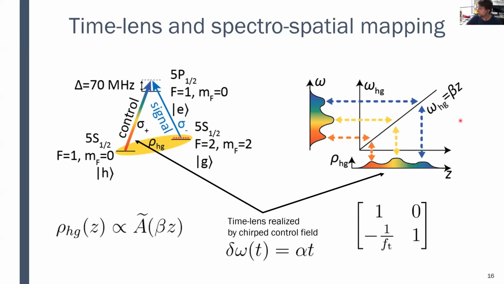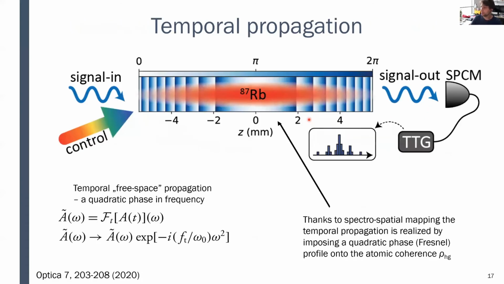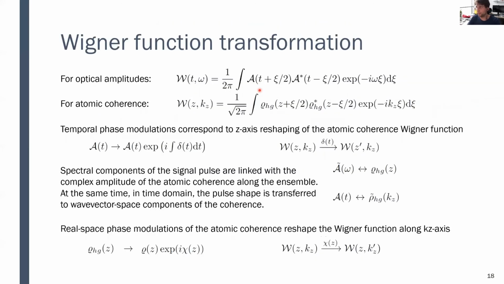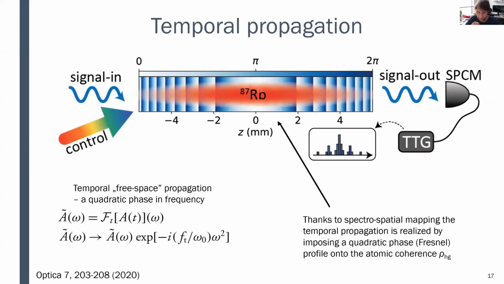Now, between input and output, the different frequencies of light are mapped into the different z directions along the ensemble. So it is quite easy to add the spectral phase with our AC Stark shift. So we illuminate the ensemble from the side, we program the phase to change quadratically with the Z parameter along the atomic ensemble, and we get a lot of spectral dispersion compared to what can be seen in, for example, fibers.